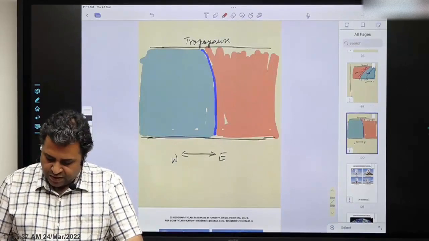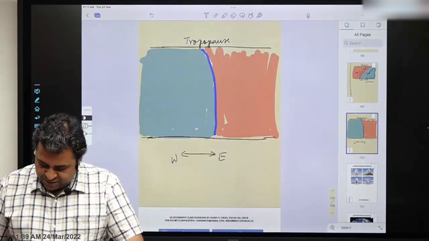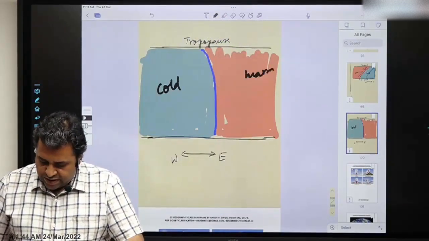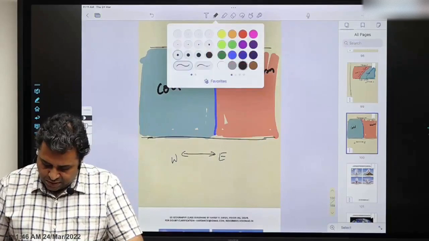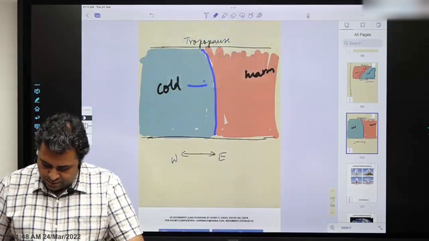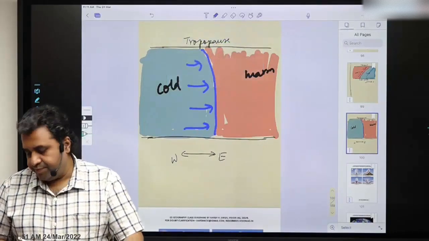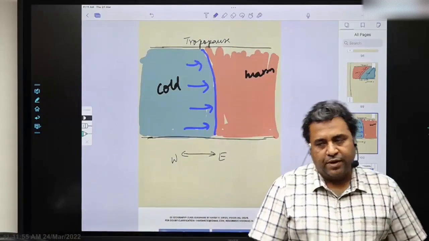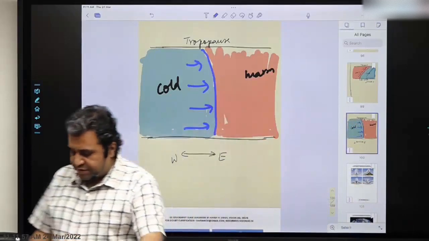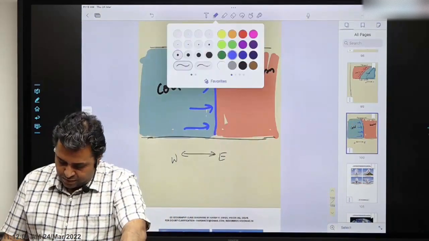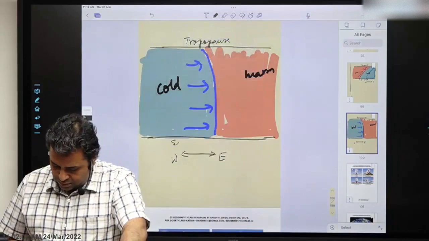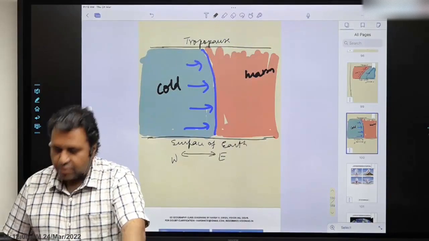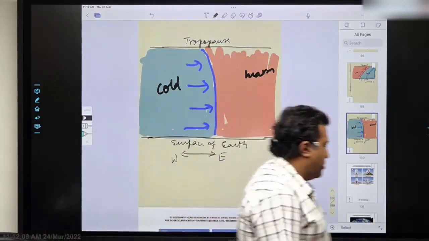Okay, and I hope all of you understand which is cold and warm. So this is cold, this is warm, and the cold air is pushing the warm air, ऐसा, ठीक है? All right? And surface of earth, वो नीचे वाला part is surface of earth, hopefully. All right? Now once done, then we'll talk further.